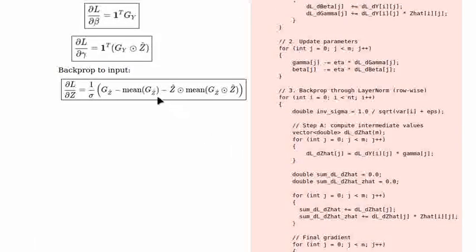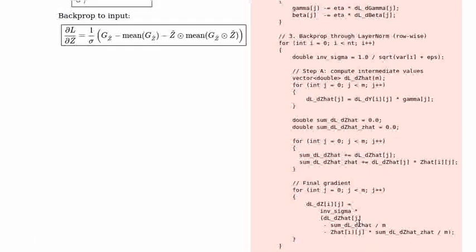Okay, the mean of this and this, okay, that's the mean. And after that, we return the dL/dc to be used for the next stage.